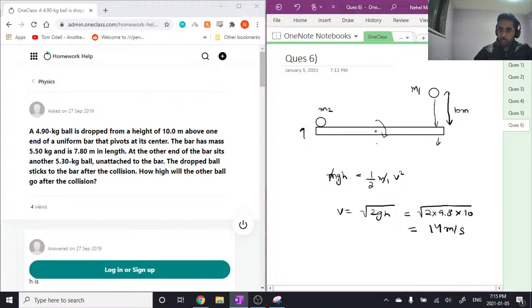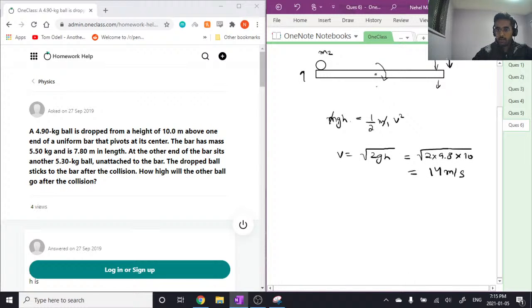This velocity is the velocity with which mass 1 hits the bar. Now we need to translate this velocity and find the velocity for mass 2, which would be the initial velocity with which it's launched up. To do that, we need to think of the principle of conservation of angular momentum.